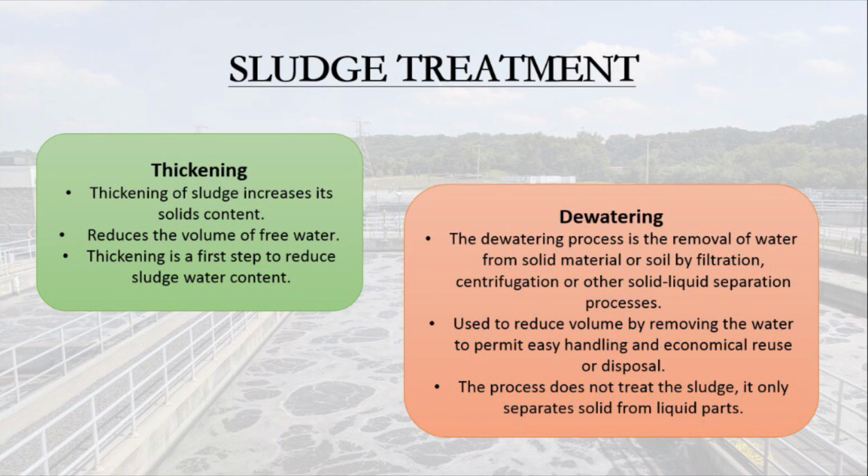Digested sludge removed from the digester is still mostly liquid, so dewatering is used to reduce volume by removing the water to permit easy handling and economical reuse or disposal. The process does not treat the sludge, it only separates solid from liquid.